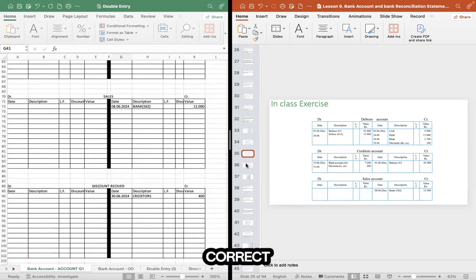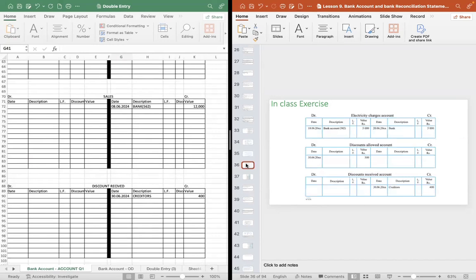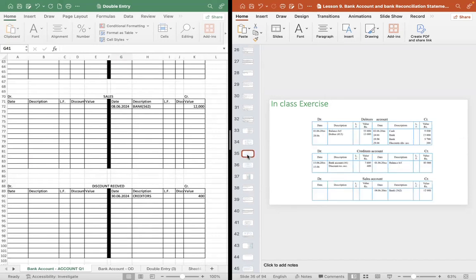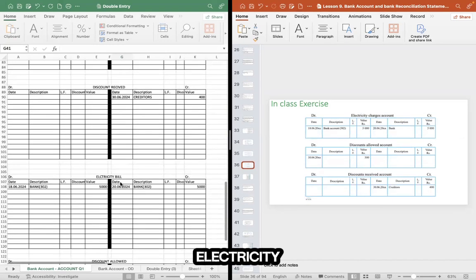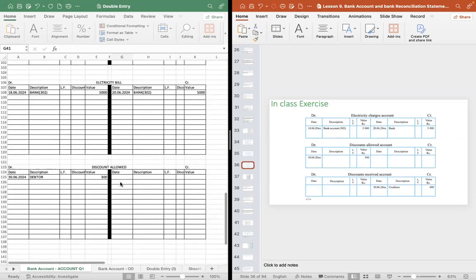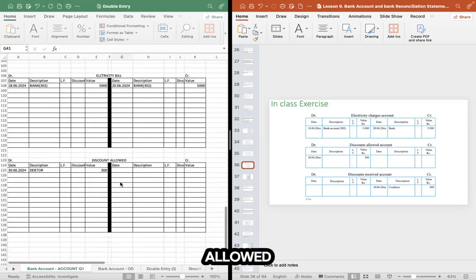Sales 12,000. It's correct. Electricity charges 5,500. Correct. Discounts received 400. Correct. Discounts allowed 300. Correct.